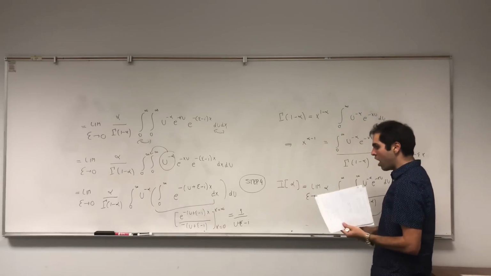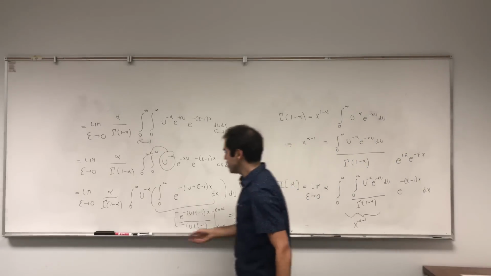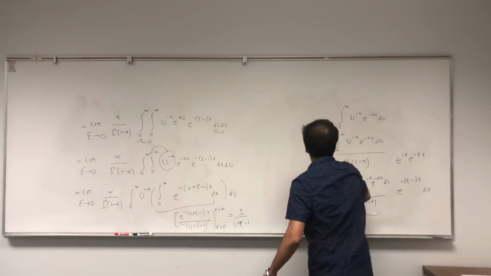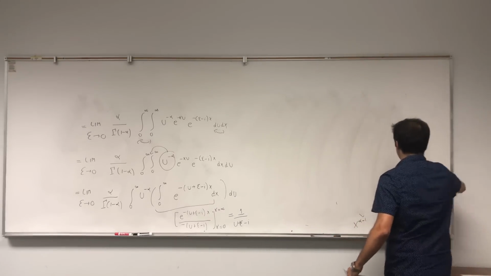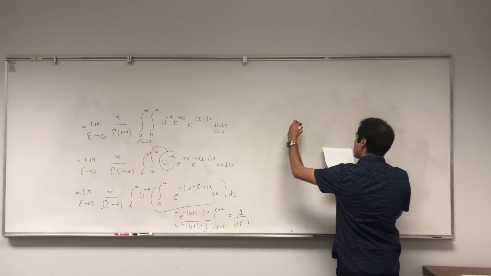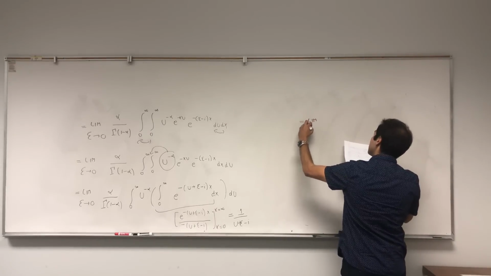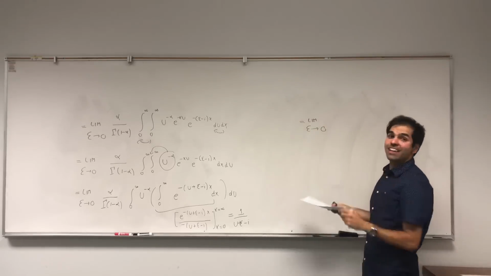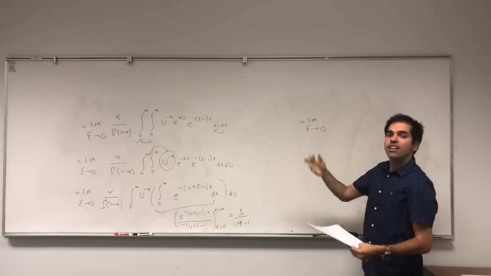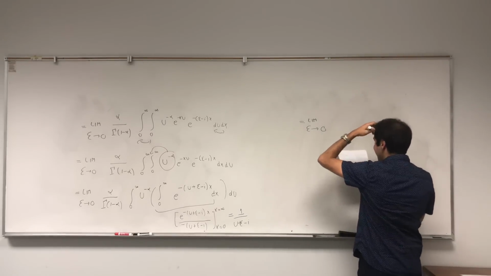And therefore, a complicated integral is then just the following. We still have the limit as epsilon goes to 0. That was like the climax of it all. And now, because we simplified this integral, it'll just be simpler and simpler.